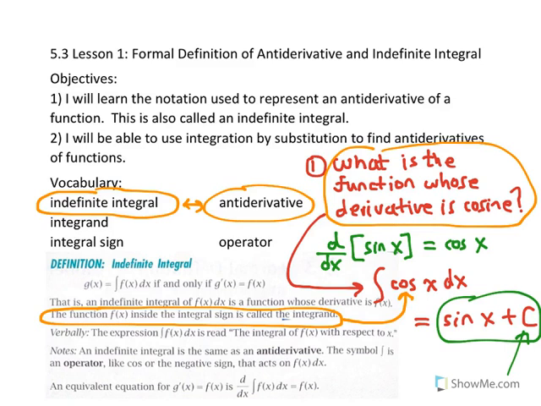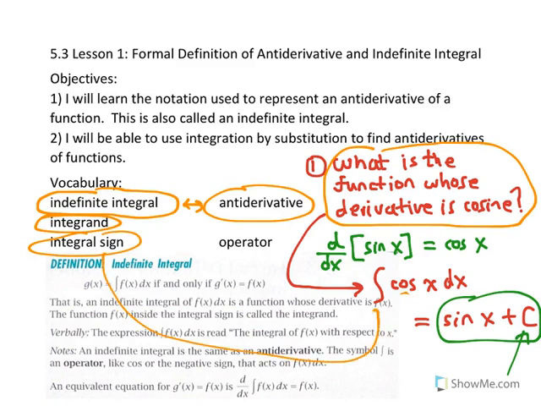In our example, the integrand is cosine x. And of course, this here is the integral sign. It's an operator, which means it's telling you to do something. So it's telling you to find an antiderivative of cosine x with respect to x.